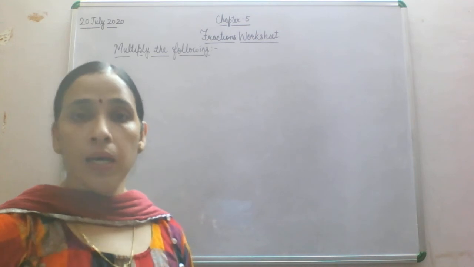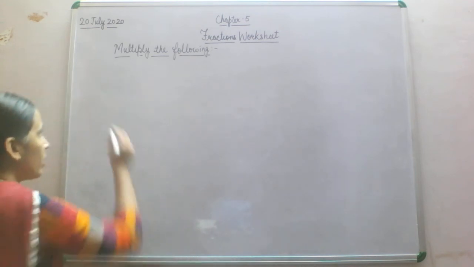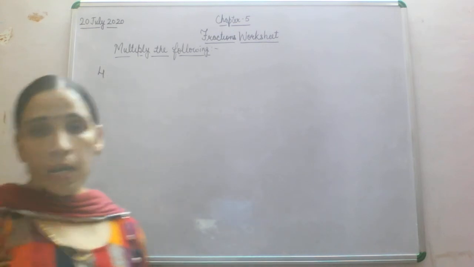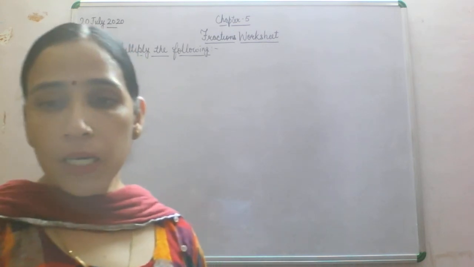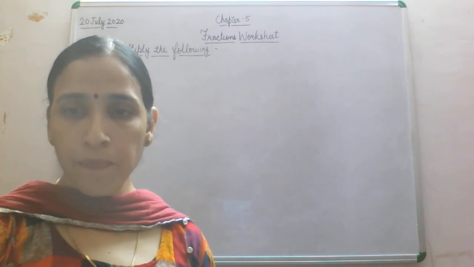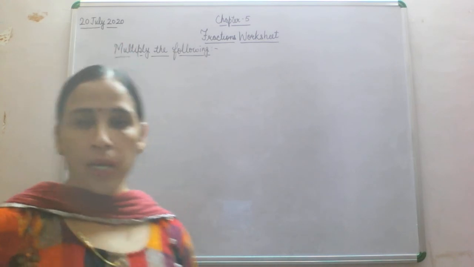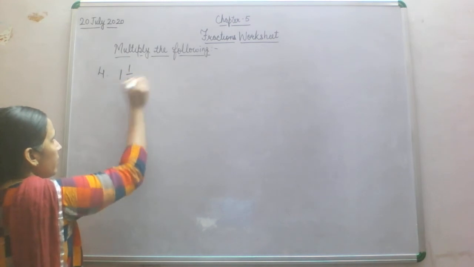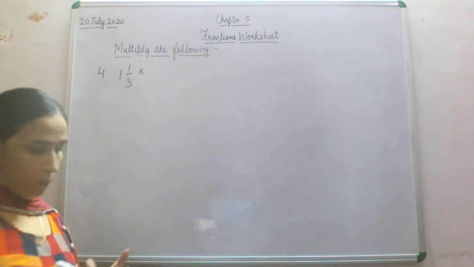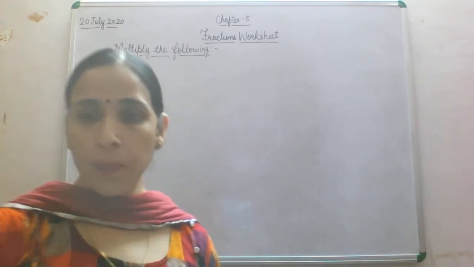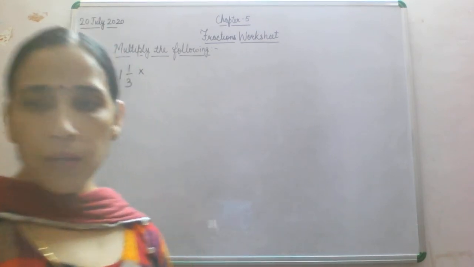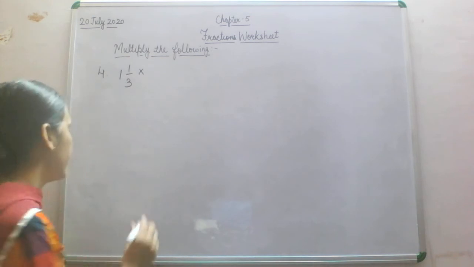The fourth question is 1 and 1 by 3 multiply by 3 by 8.